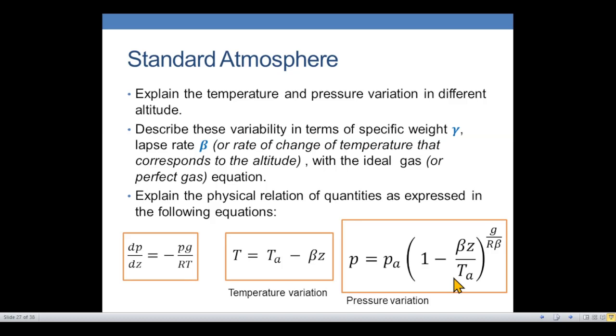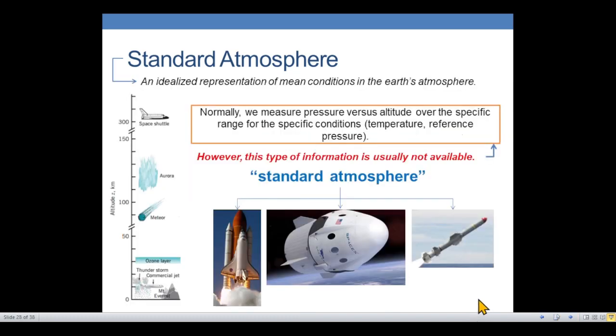Okay, so let's proceed. Standard atmosphere. It is important to establish this idealized representation, meaning the average condition, of the Earth atmosphere. This is for the utilization of different industries involved in designing aircraft and spacecraft.